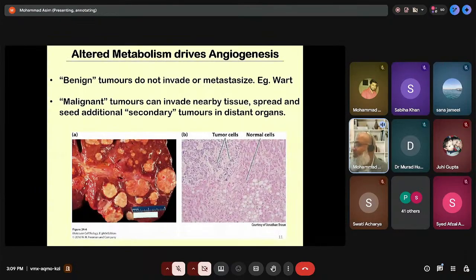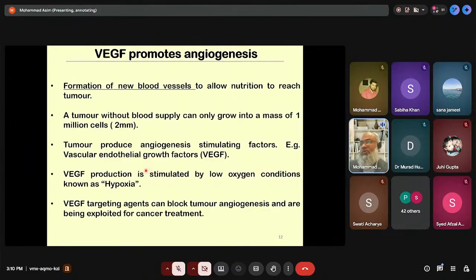One of the most important advantages is that it allows these cells to form new blood vessels. Anytime cells experience this lack of oxygen, cancer cells specifically will start to form new blood vessels. One of the ways in which they do it is by enhancing the level of a protein we call vascular endothelial growth factor.